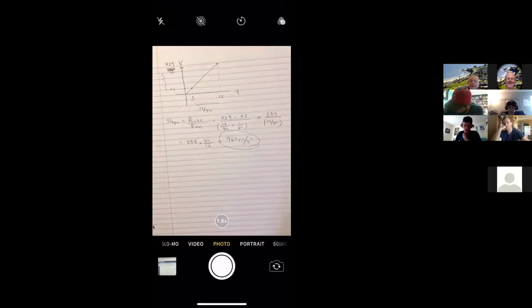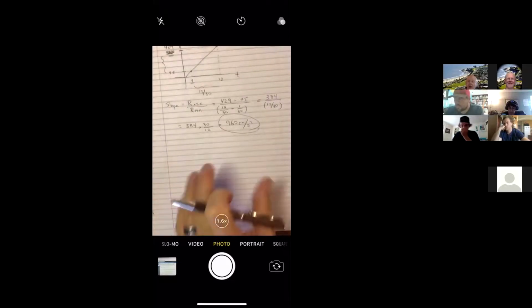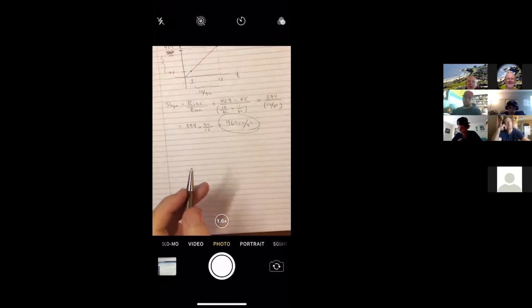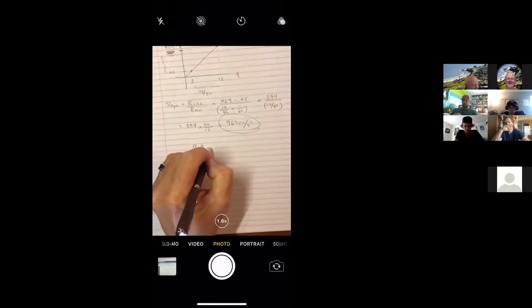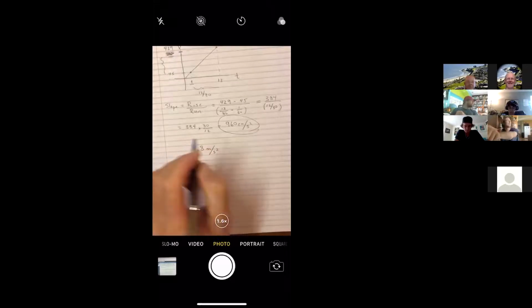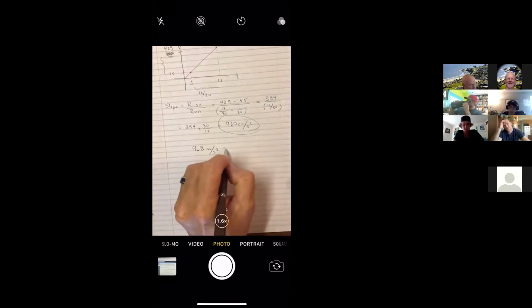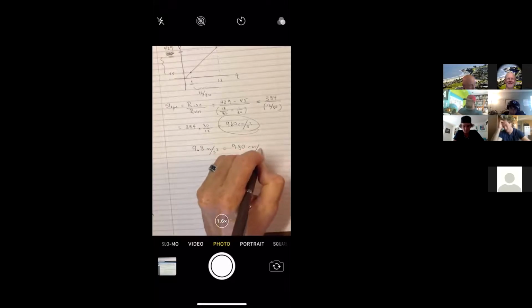Okay, and since that's a large number, that's reasonable. And then that's actually a perfect number, because in class and in the book, I've been saying that the acceleration of a falling object is 9.8 meters per second squared, which is the same as 980 centimeters per second squared.